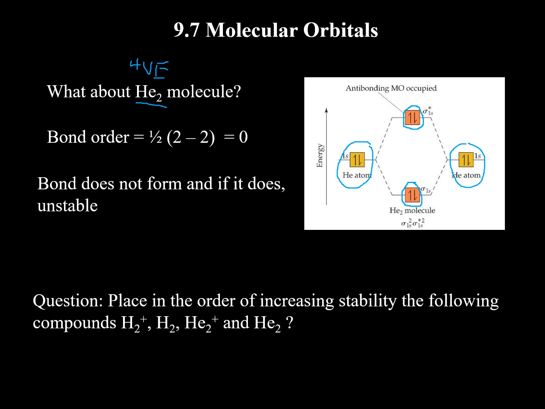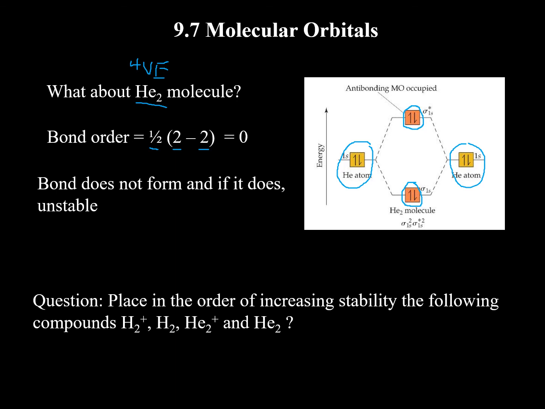If we do the math, it's a half times 2 from the bonding minus 2 from the antibonding, which gives us 0. So the bond order is 0, and He2 is not very stable in general.